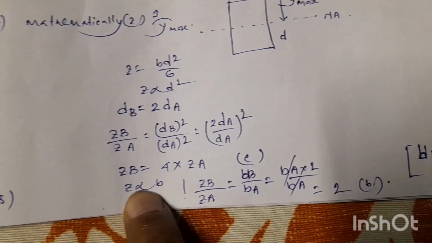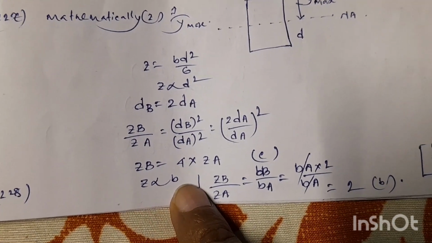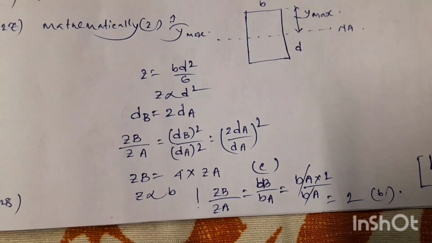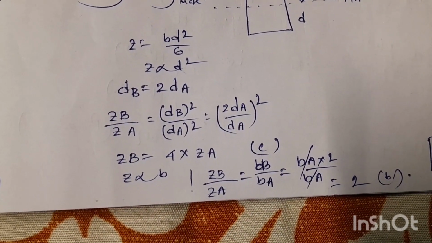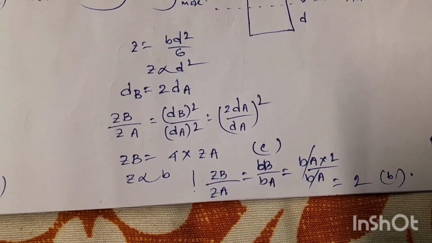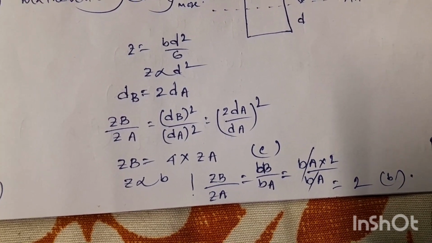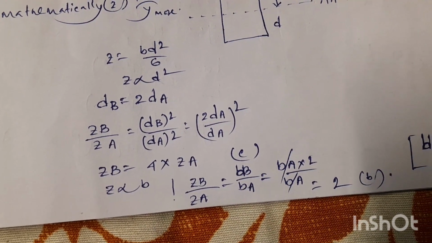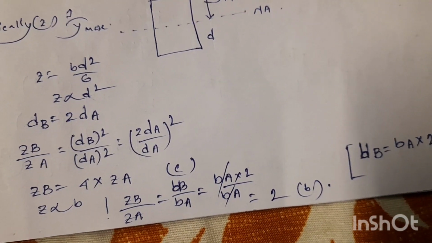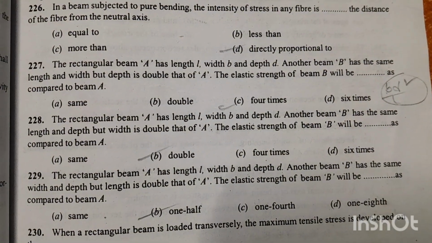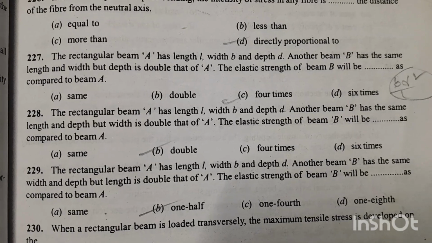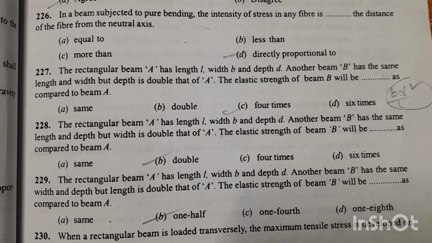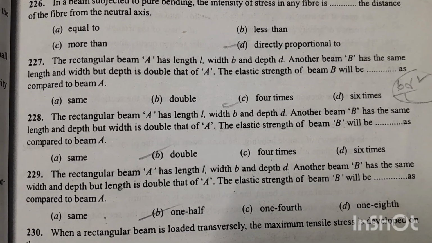So we can write Z varies as B. If we make the ratio ZB by ZA, we will get breadth b of the beam B divided by breadth b of the beam A. If we calculate the value, we will get the value equal to 2. So for question number 228, option B is the right answer. The elastic strength of the beam B will be double as compared to the beam A.